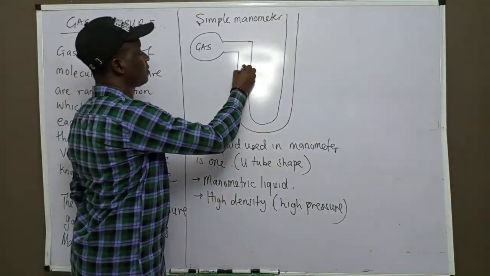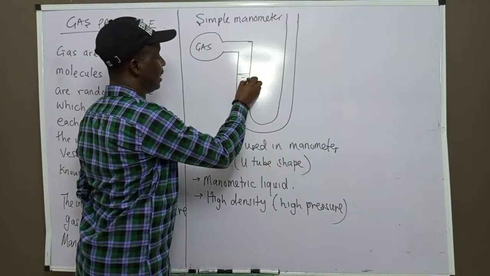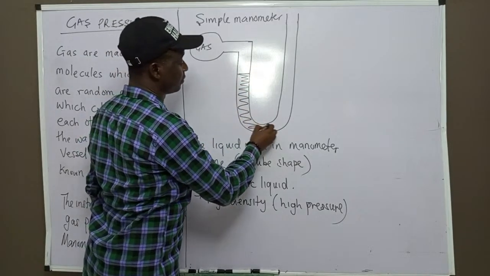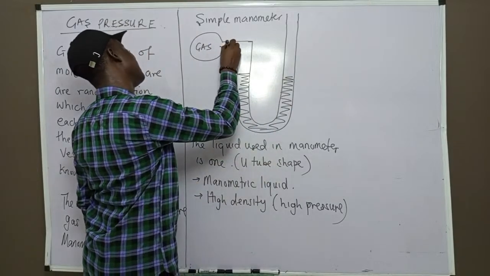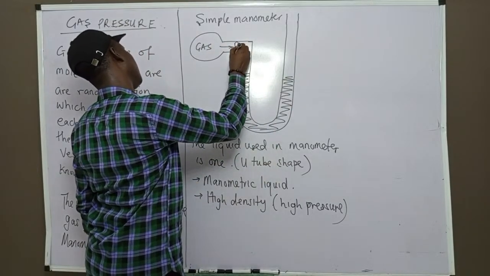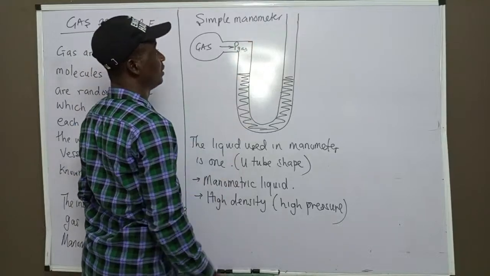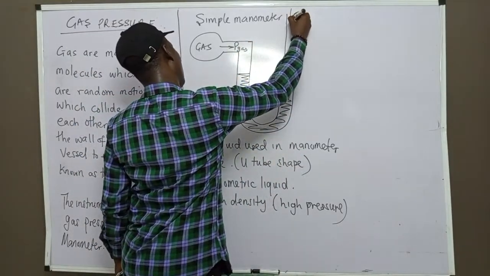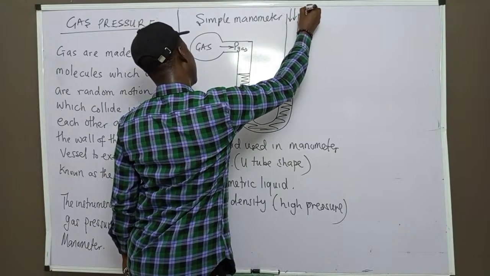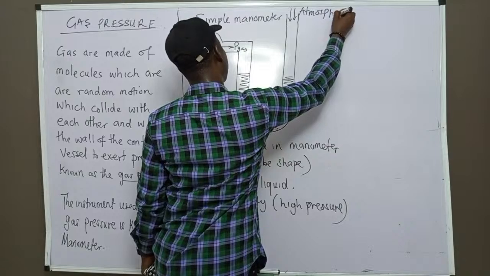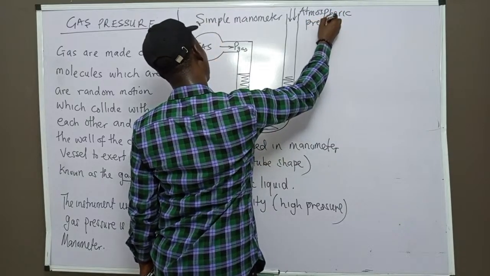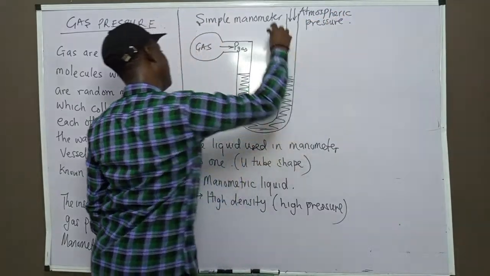Now, let's say we have a liquid here inside the manometer. The gas is exerting pressure on the liquid. There is also an atmosphere here. We call it atmospheric pressure. The atmospheric pressure also exerts a pressure.